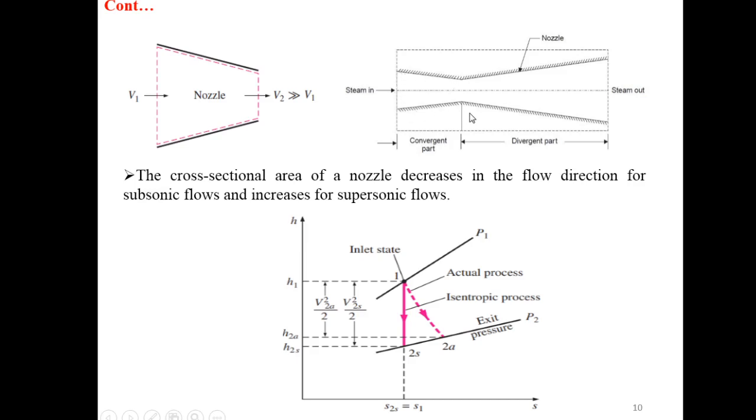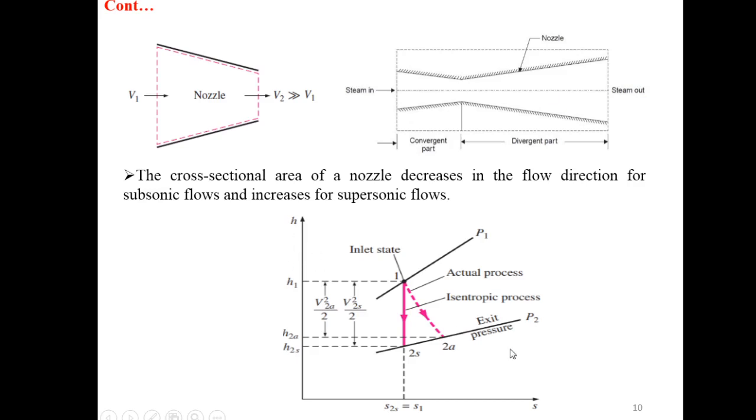Now, if we achieve a minimum area at which we get the sonic velocity, after that if we want to increase the velocity, that is we want a supersonic flow, then we have to use the divergent portion in this way. So convergent is used in case of subsonic flow, and convergent-divergent is used when we are changing from subsonic to sonic, then supersonic.